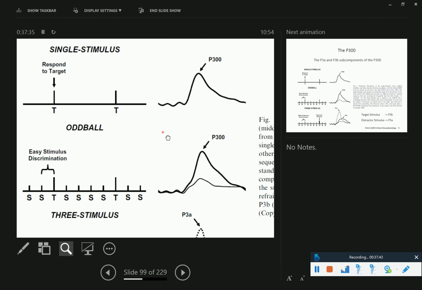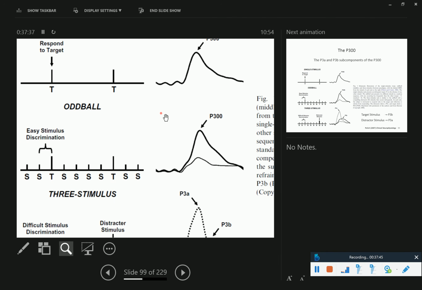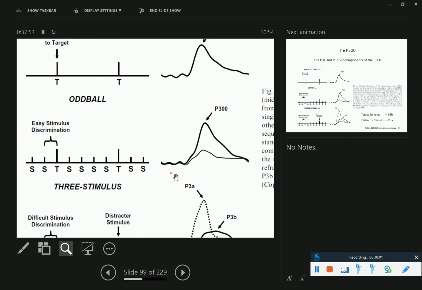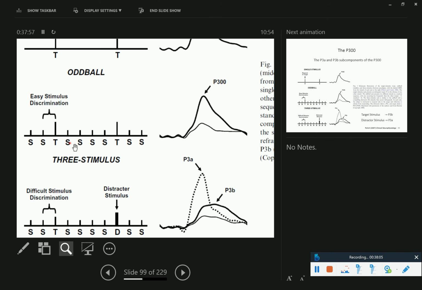Now, if you have a standard and a target, and you're required to respond to the target, then you get this big difference. Of course, there are also big differences in what's happening, because to the standard stimulus you're not pressing a button, but to the target you're pressing a button.